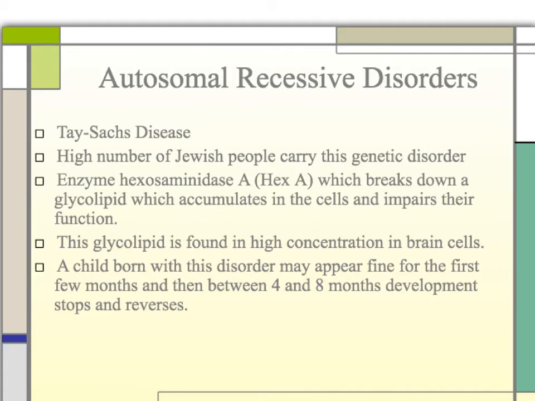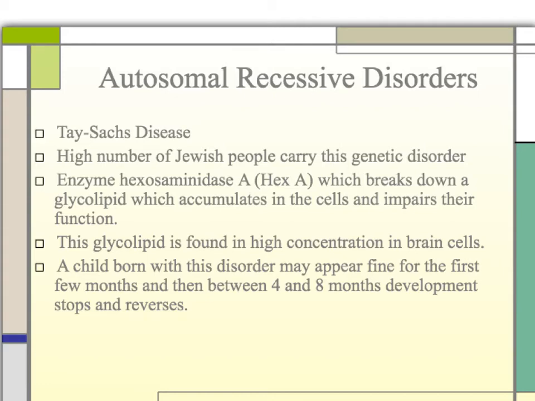This particular disorder involves an enzyme called hexosaminidase A, which breaks down a glycolipid that otherwise accumulates in the cells and impairs function. This glycolipid is found in high concentration in brain cells. A child is born with the disorder and may look fine and start doing the normal things that babies do: rolling over, sitting up, cooing.